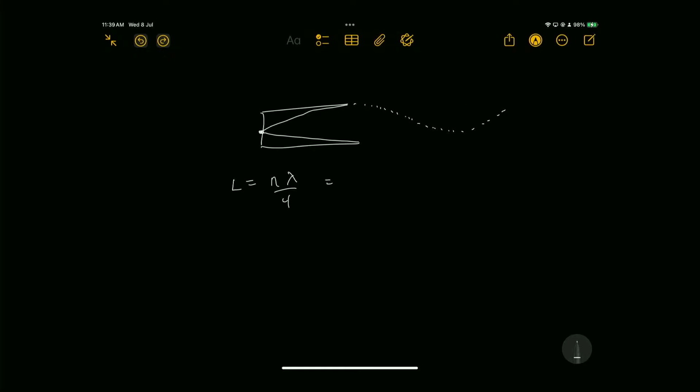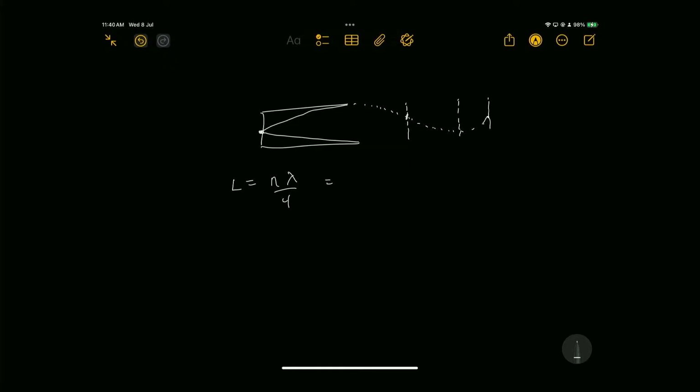That is a quarter of the wavelength, then another quarter here, and back up to here, the last quarter in the center.